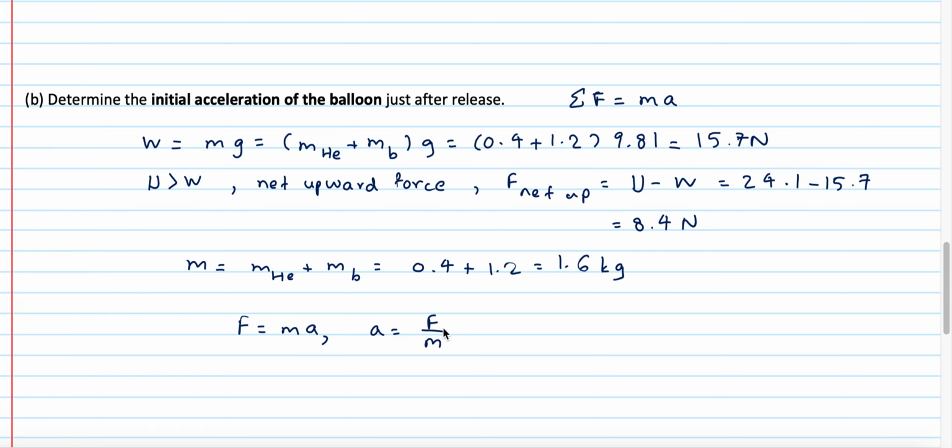And here, the force is the net upward force. So for this one, we'll get 5.25 meter per second squared. Okay, we're done. So let's move to the last part.